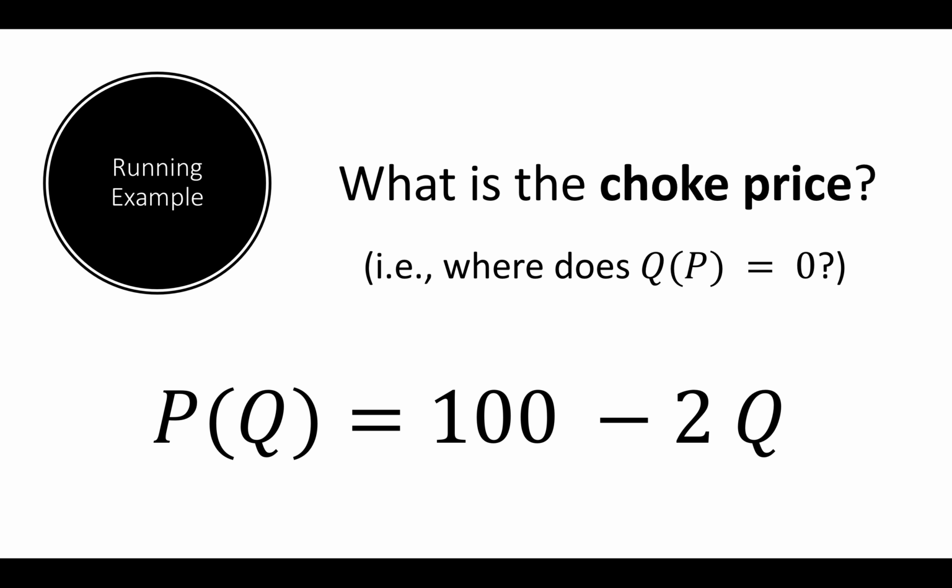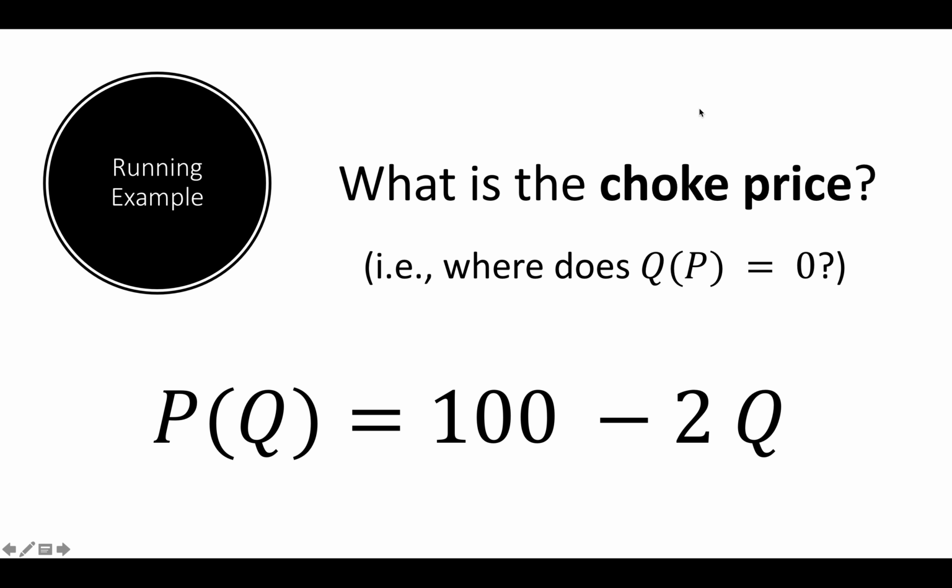So now that we have this inverse demand, we can ask questions like, what is the choke price? If I ask you what is the choke price and I have not given you an inverse demand function, then you should know that you need to figure out the inverse demand function, because you need it to figure out the choke price. The alternative way of asking is, for what price does the quantity demanded equal 0?